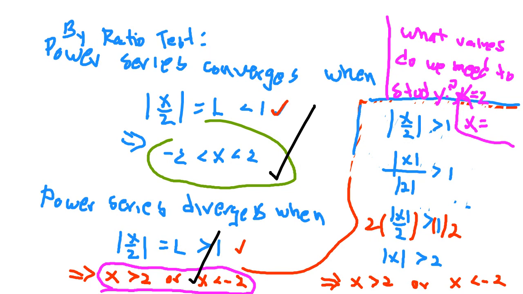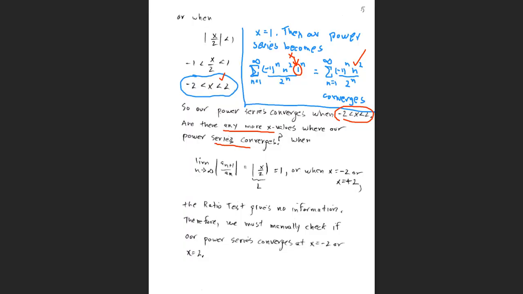What values of x does the ratio test not give us any information about? That's right, Yonatan, 2 and negative 2. So we need to determine convergence or divergence for those values separately. We're not done yet. So this is what I've been saying.